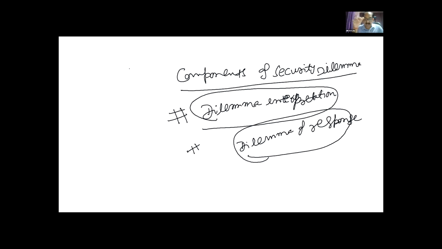The liberal view of security is primarily in the context of two methods. One is through disarmament and arms control.